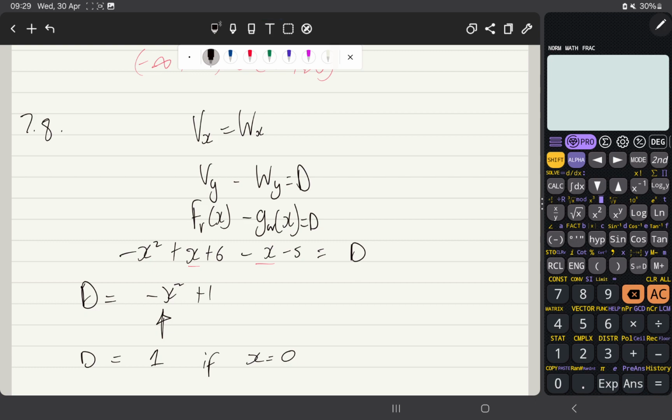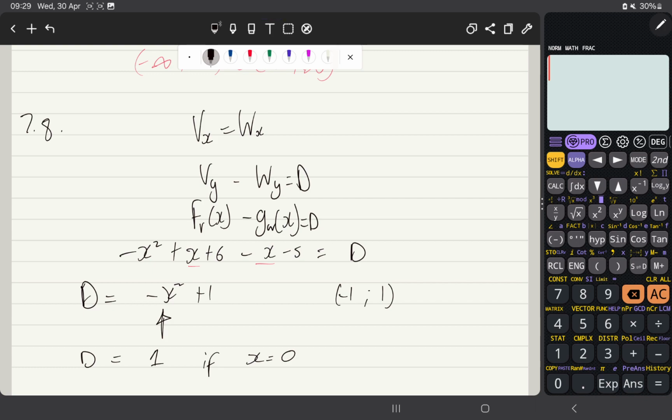So it doesn't really matter here. The possible values of x are values between maybe -1, not including, to +1, not including, right?